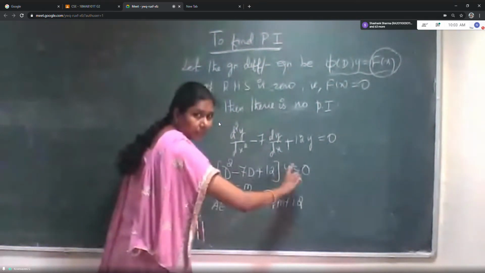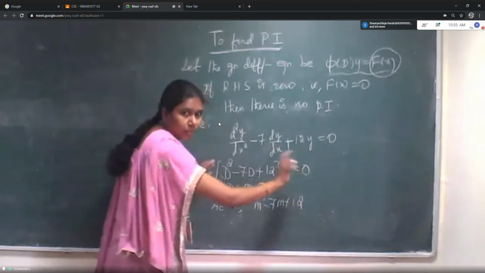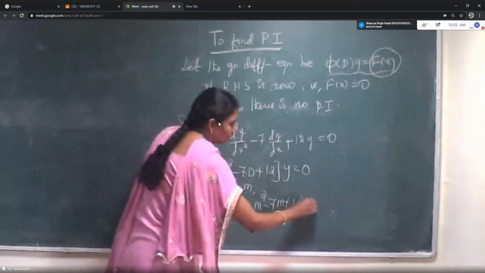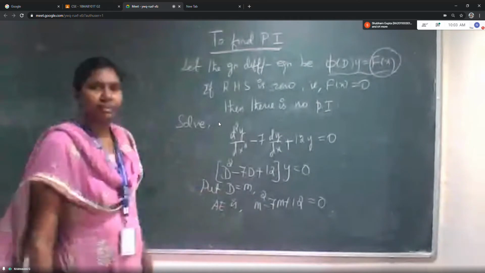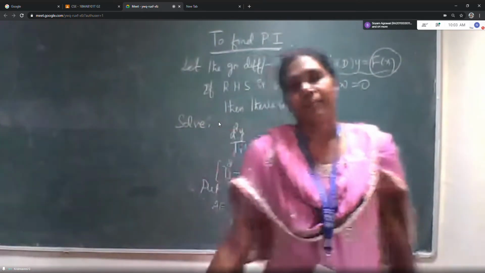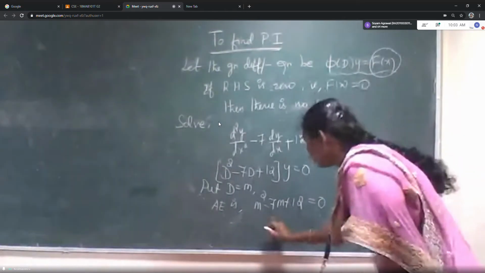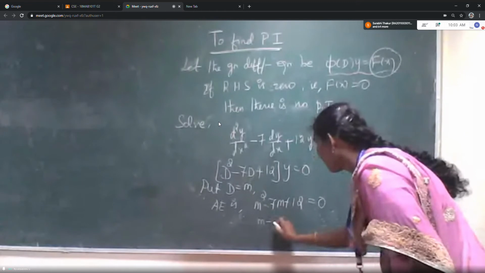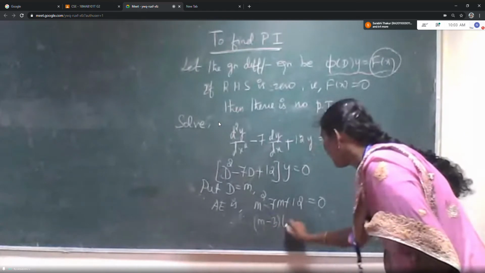Don't take the right hand side value; here the right hand side is 0. In case you have some values there, you don't take equal to 0. After that, what do we have to do? Solve this equation. m would be 3 and 4.